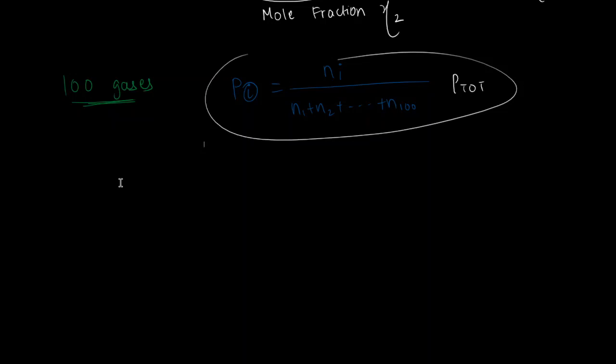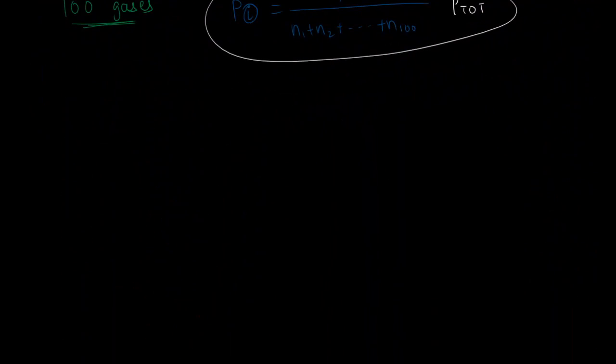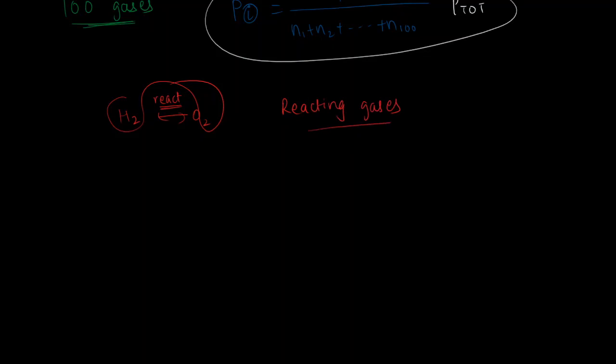A few quick things to note. First, if you had two gases that reacted, something like H2 and O2, and the conditions were such that these two reacted at some temperature, for any reacting gases, this is not going to hold true. Dalton's law of partial pressure won't hold true.